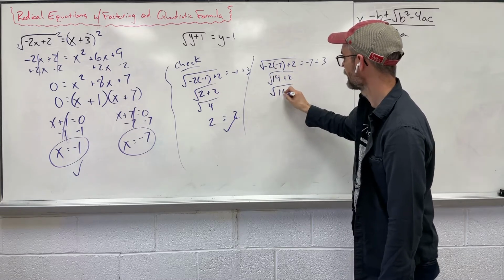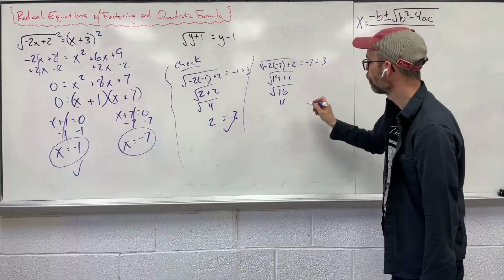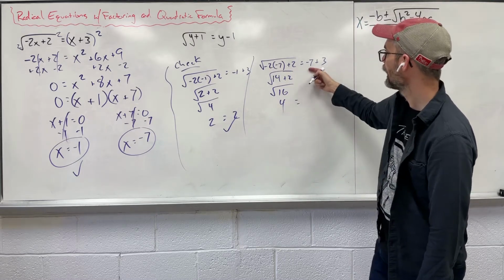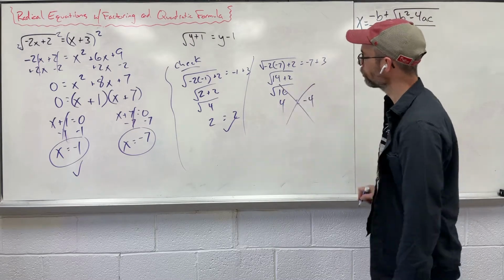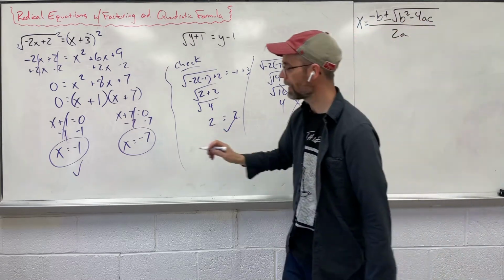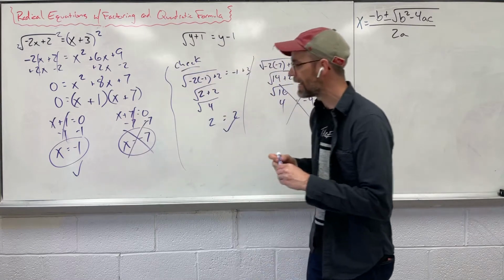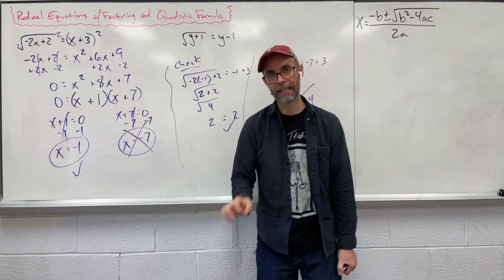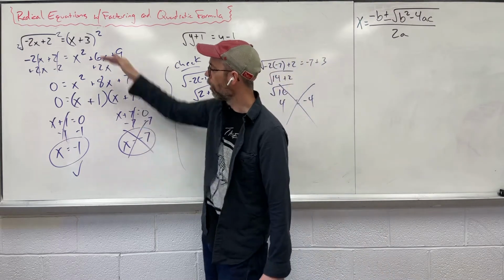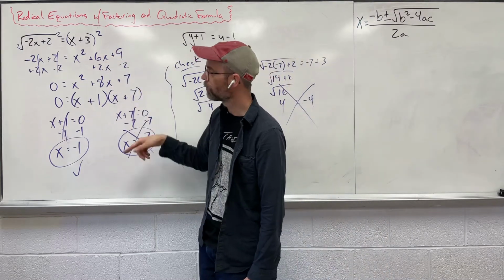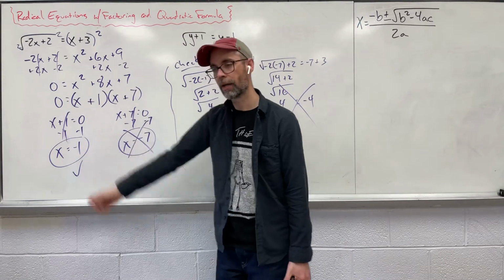Those give us 16, which is then 4. On the right side, negative 7 plus 3 gives us negative 4. Those two things are not the same. That means this is wrong. Negative 7 is what we call an extraneous solution. It's the correct wrong answer. I don't want it. All the work we did was correct, but when you plug it back in, it doesn't work. So x equals negative 1 is the only possible answer.